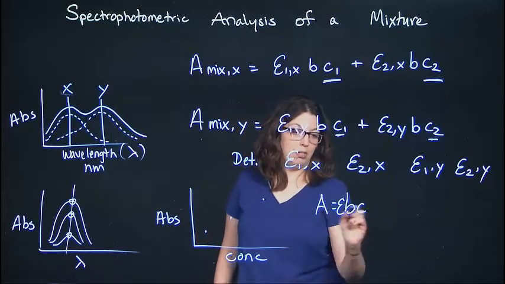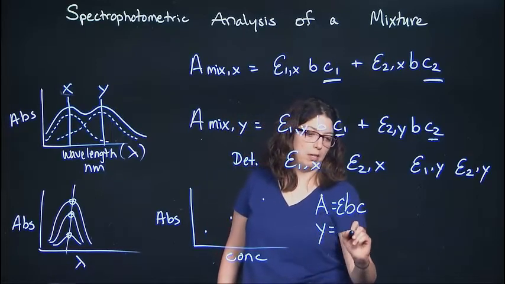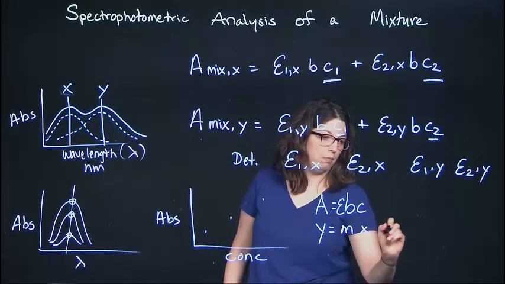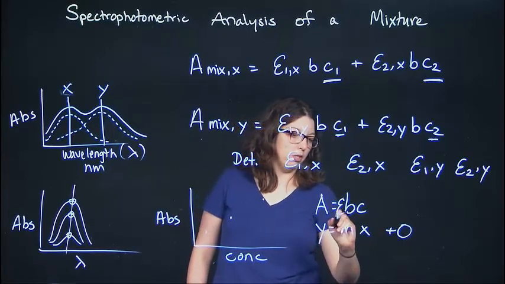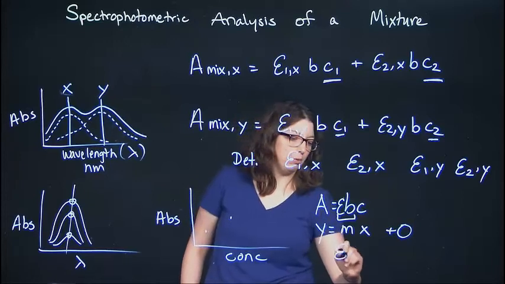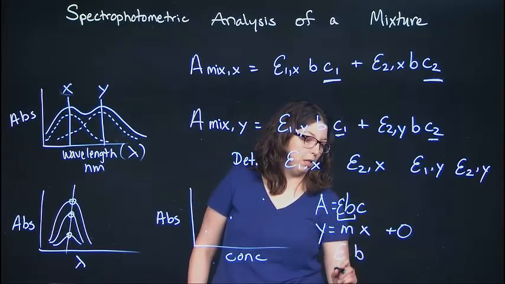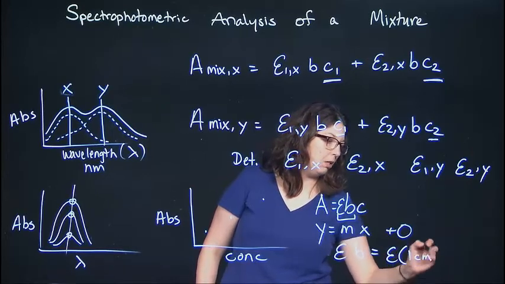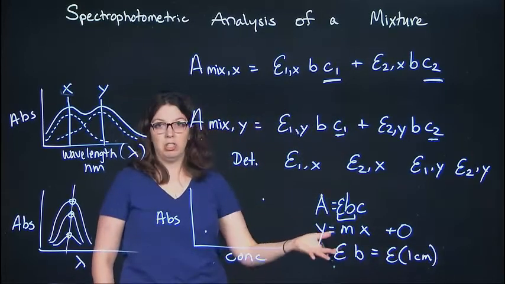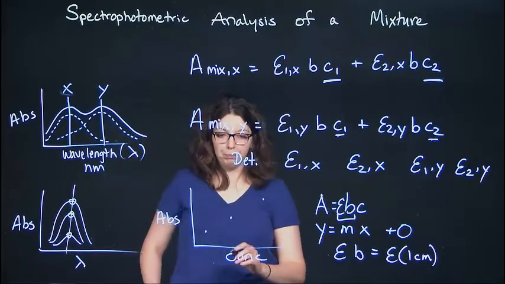The concentration is proportional to the absorbance. And Beer's law is written in the form of y equals mx plus b, where our intercept b is 0. So our slope is equal to the molar absorptivity times the path length. And we know that the path length is equal to 1 centimeter. So our slope is essentially equal to the molar absorptivity.